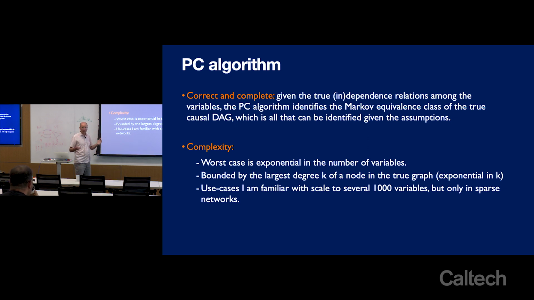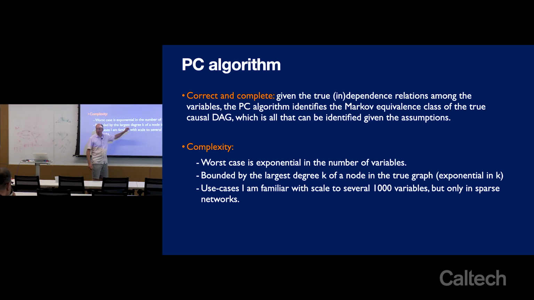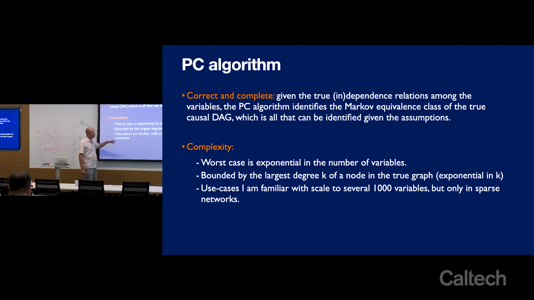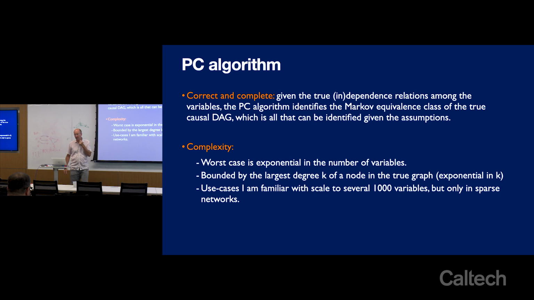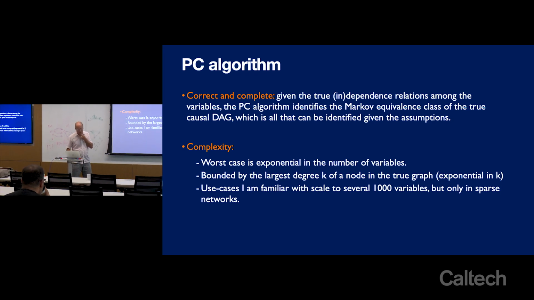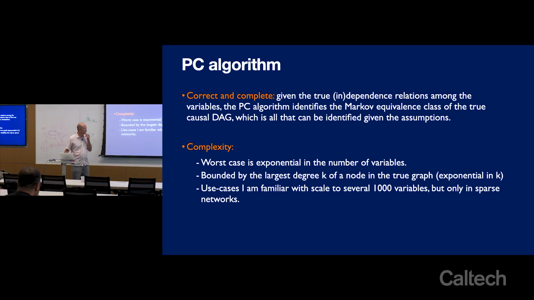So if you have a very sparse graph over tons and tons of variables, but the most densely connected variable only has 3 or 4 neighbors, then it's exponential in 3 or 4 rather than in the number of variables that you have. And so the use cases I'm familiar with scale to several thousands of variables, but only in sparse networks. If you have very dense networks, I think it's going to be just a few hundred variables, or even just tens of variables.